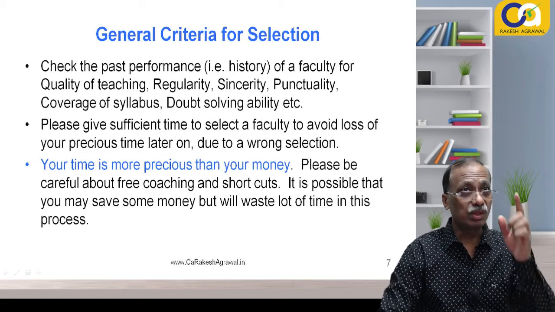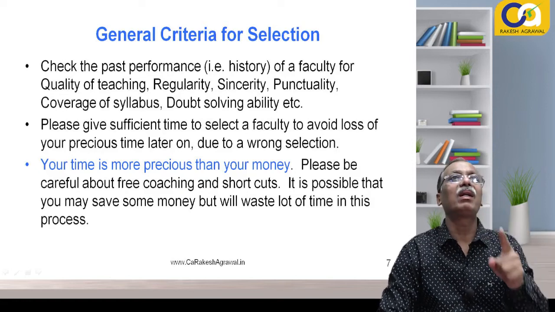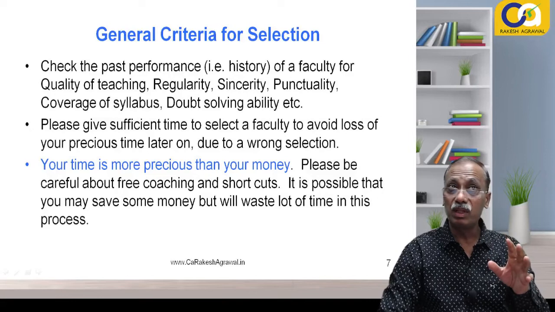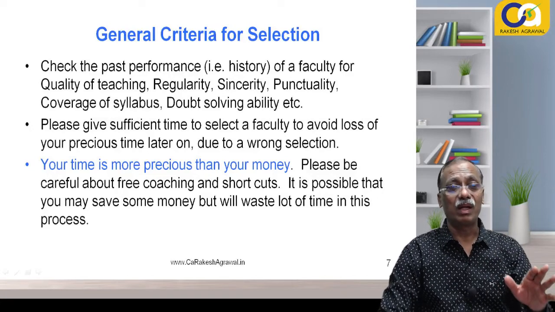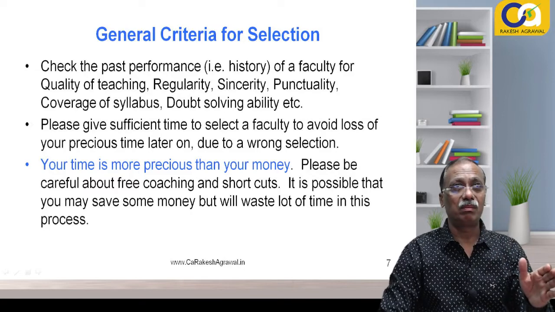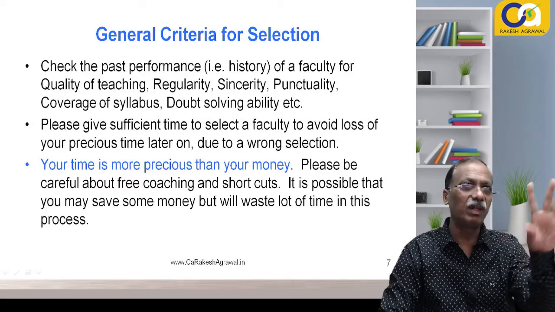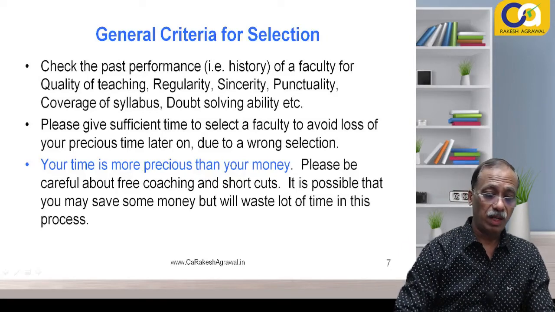So you should start valuing your time as more important than money, right? This is the biggest mistake which CA students make. They don't value their own time, and time is a very, very precious resource for CA students. You are definitely going to fall short of time. So don't waste your time, right?